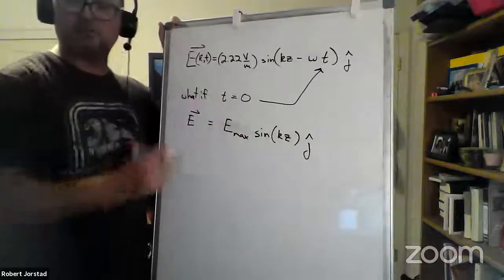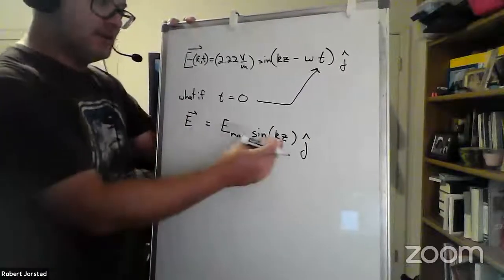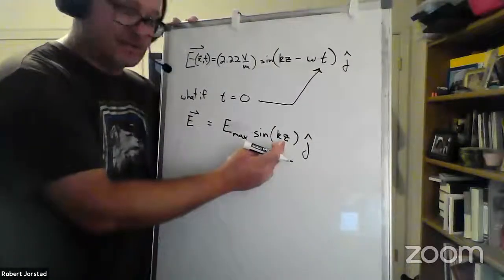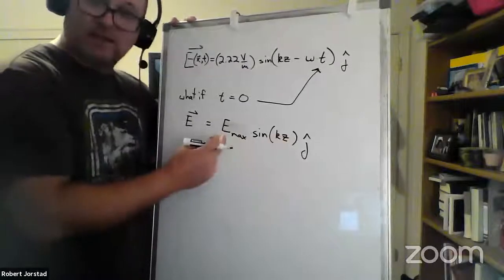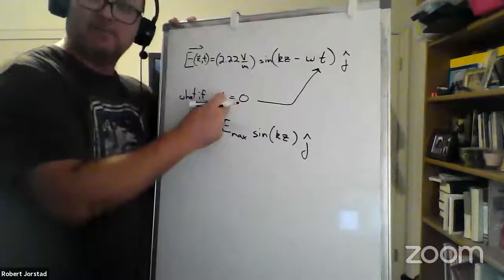So if T was equal to 0, you get a sine wave. So what does this mean? If you go out some distance from the origin, that will tell you what the electric field is at that spot at this time.